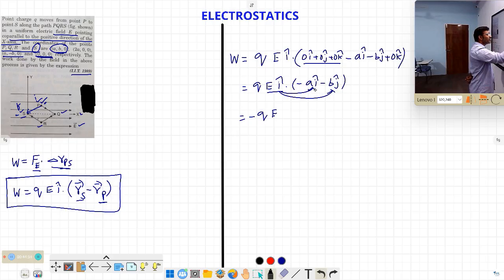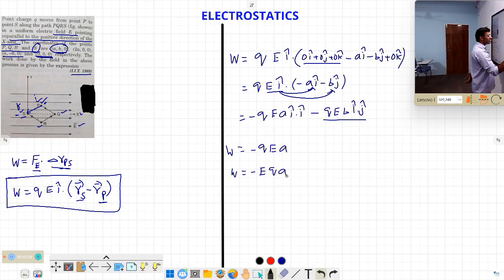So the first term gives minus Q into E into a. The second term is minus Q into E into b into I dot j, and this value becomes 0. So work done is equal to minus E Q a, which is the answer to the question.